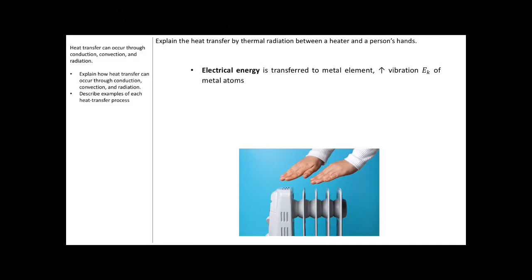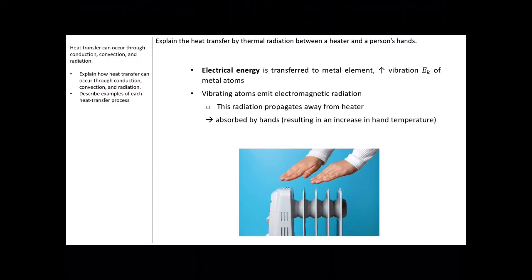This increases the vibrational kinetic energy of the metal atoms within the element. The vibrating atoms emit electromagnetic radiation, and this radiation propagates away from the heater. It's then absorbed by the hands, and this results in an increase in the hand temperature.